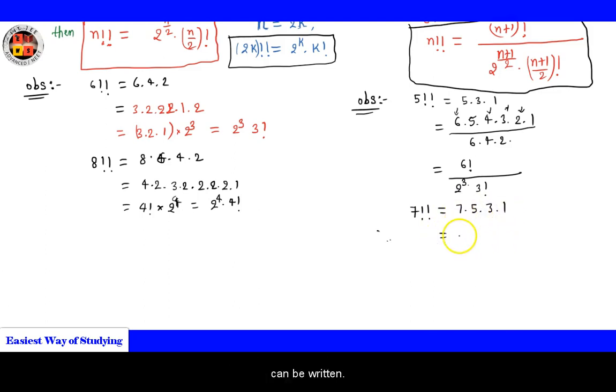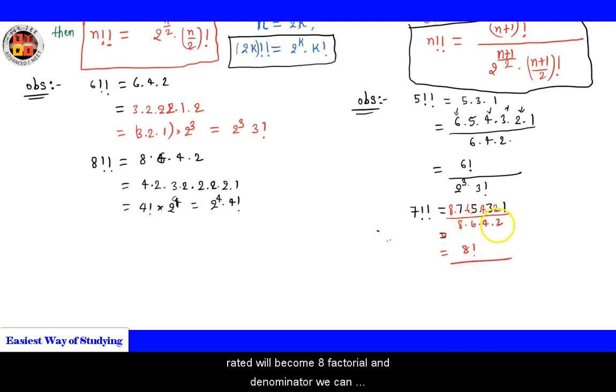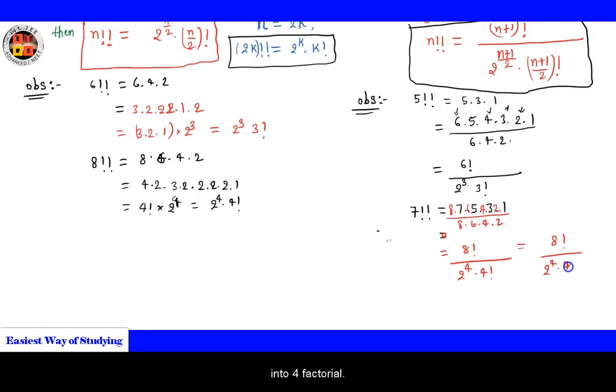We can multiply and divide by the same number, so I multiply by 8 into 6 into 4 into 2 and divide by the same 8 into 6 into 4 into 2. So the numerator will become 8 factorial, and in the denominator we can take 2 common from each factor, giving 2 to the power 4, into the remaining 4 into 3 into 2 into 1, which is factorial 4. So this can be written as 8 factorial by 2 to the power 4 into 4 factorial.